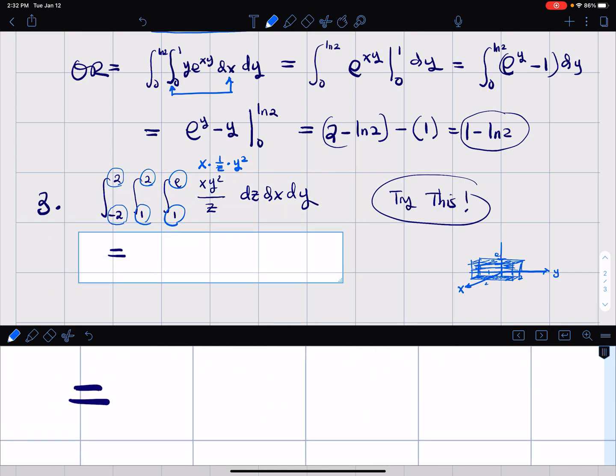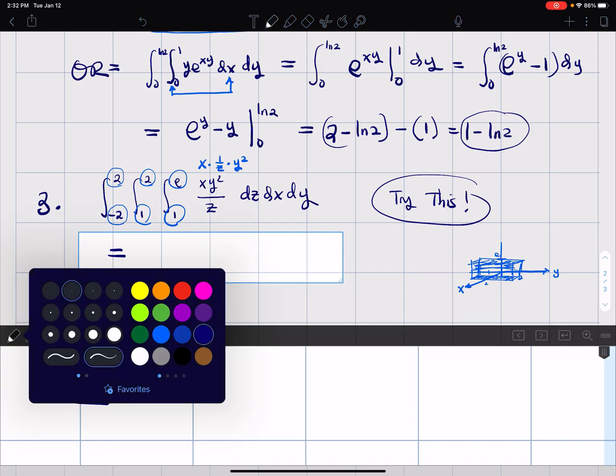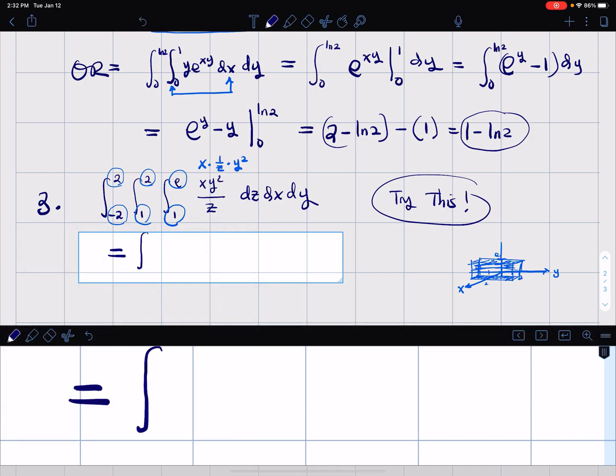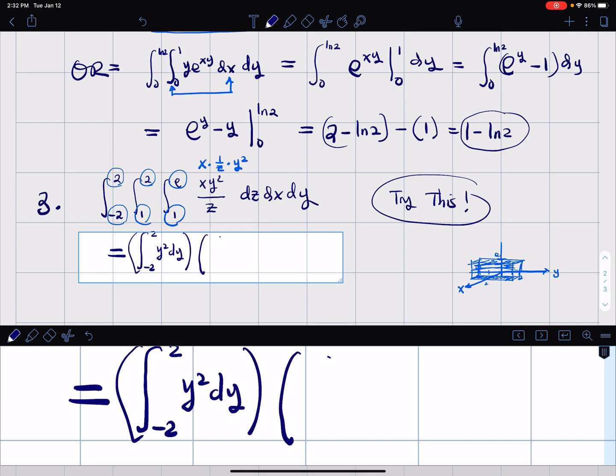So that means we can go ahead and take the y integral by itself, isolate it. So the y integral is from -2 to 2 of y squared dy. That is so easy. And then the integral from 1 to 2 of x dx.